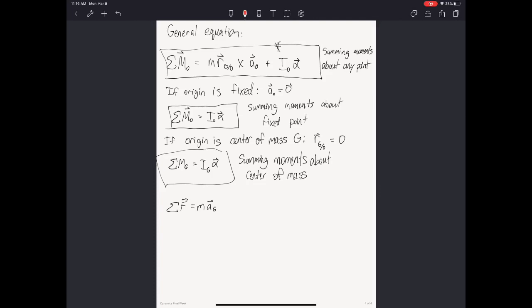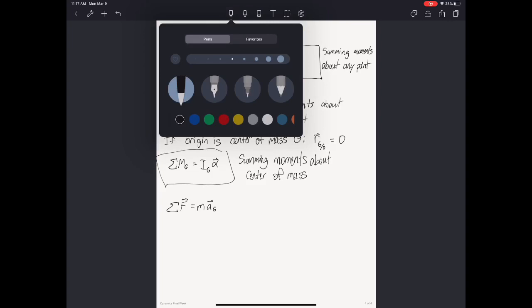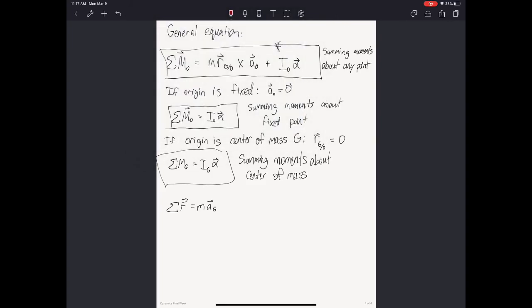What would be nice is if we could put this top equation in terms of the acceleration of the center of mass. This term is what we would like to fix. The derivation for the second version of the general equation involves things to do with moments of inertia, and I'm not going to go through that derivation in this video, so I'm going to write down the final result.